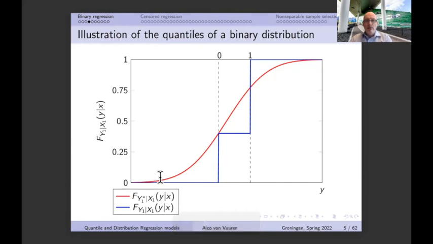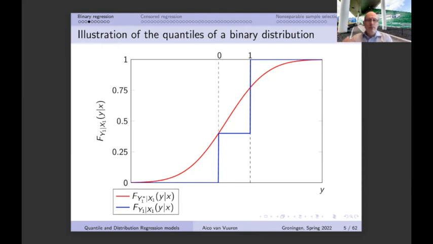Well, for that, what we can do is look, first of all, at values below 0. What is the distribution function of y1 for any value below 0? Well, the obvious answer to that question is that it's equal to 0. And the reason behind that is simply that y1 can only take two outcomes. It's either equal to 0 or equal to 1.